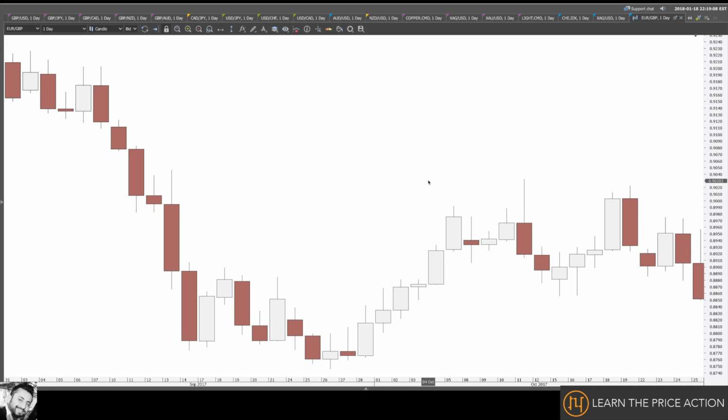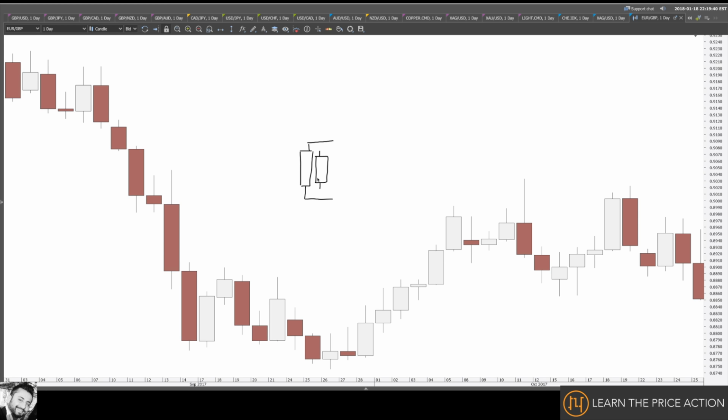First of all, I'll explain what an inside bar is. An inside bar is basically a set of bars where you have a mother candle and a baby candle, where the highs and the lows are within the mother candle. So that is called an inside bar.